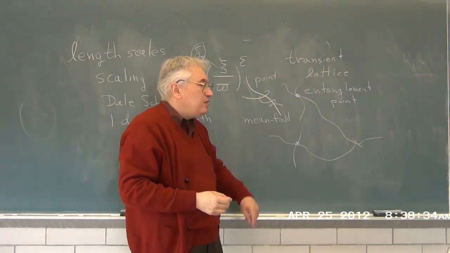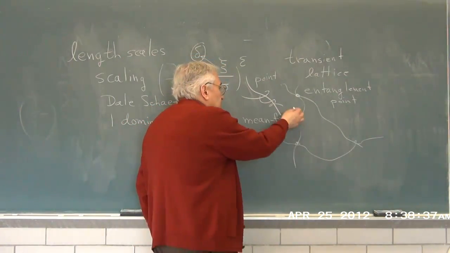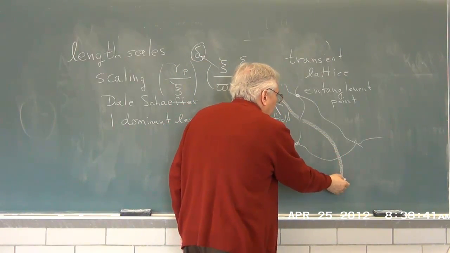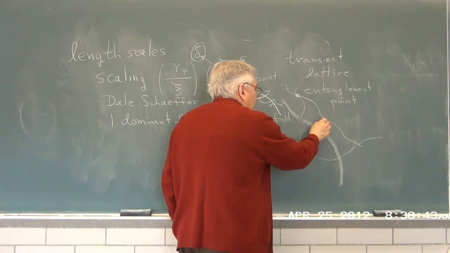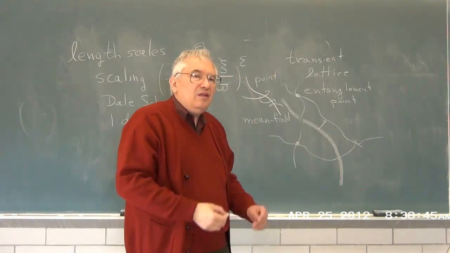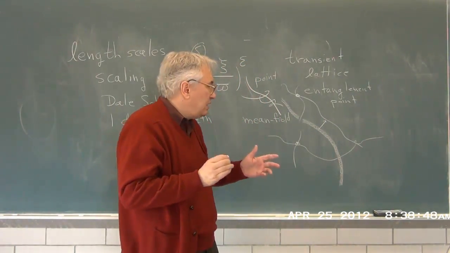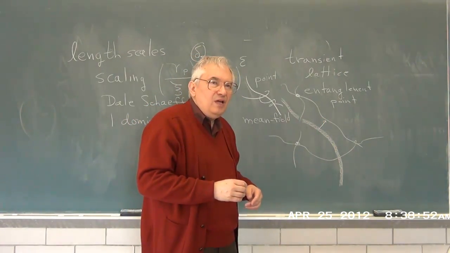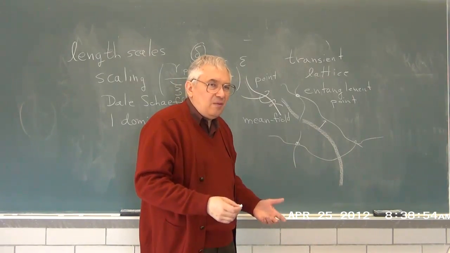The reason the transient lattice is important is that if I have another polymer coil coming through here like this, and it tries to move sideways, the claim of the de Gennes model is the chain moves sideways until it encounters a neighbor, and it is then obliged to stop.